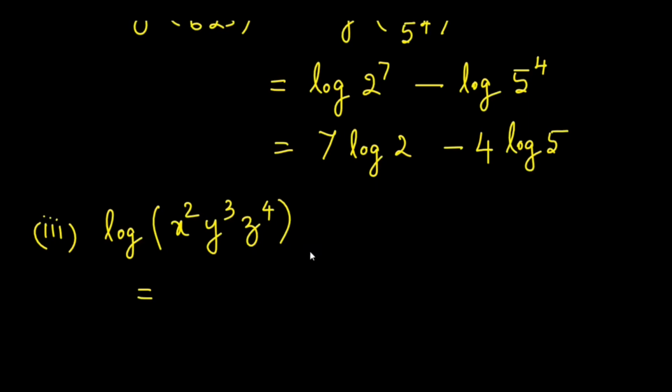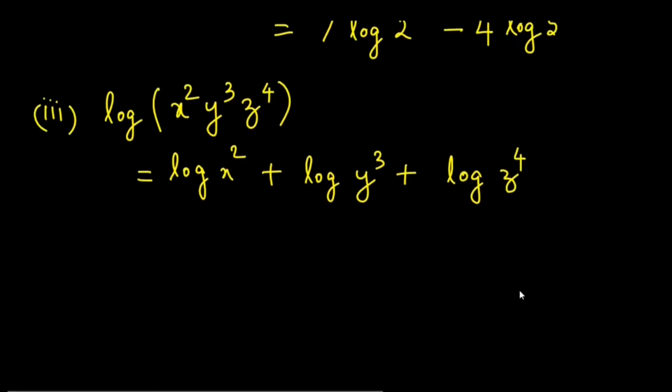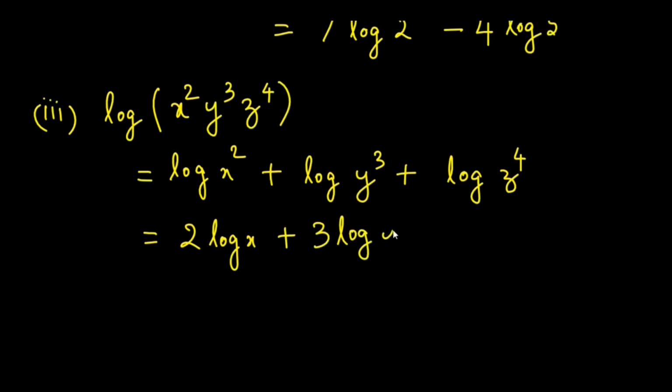So this becomes, apply the product rule, log of x square plus log of y cubed plus log of z power 4. Now apply the power rule. This becomes 2 into log x plus 3 into log y plus 4 into log z.